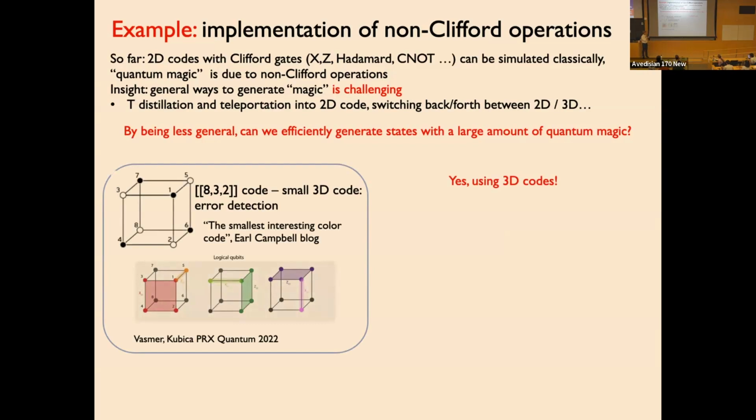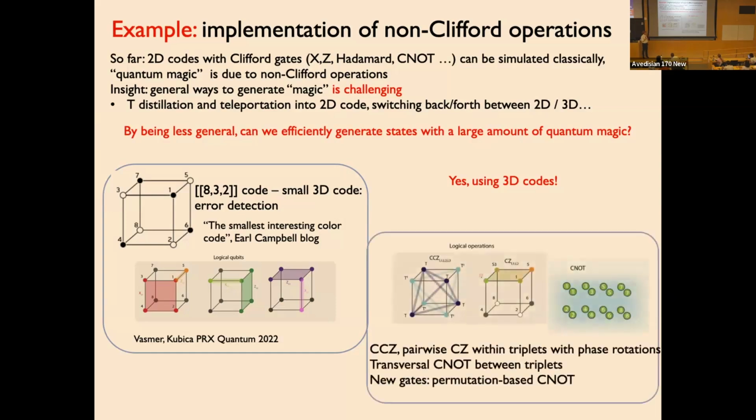The stabilizers and logical operators you can think of geometrically as edges and facets of the cube. What's most important is that, because it's a 3D code, you can have a transversal non-Clifford operation.